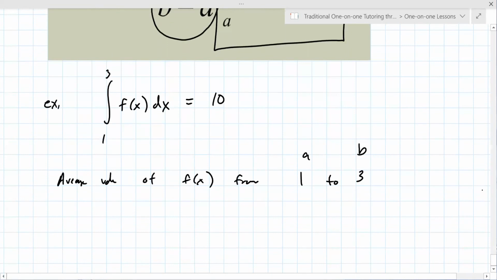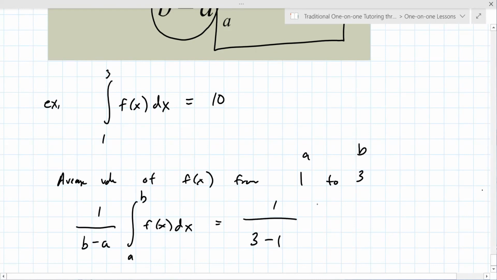The way we do that is 1 over b minus a times the integral from a to b of f of x dx. But you already have this. It's 1 over 3 minus 1 times the integral from 1 to 3 of f of x dx, and that's given as 10. So it's the same thing we did before.